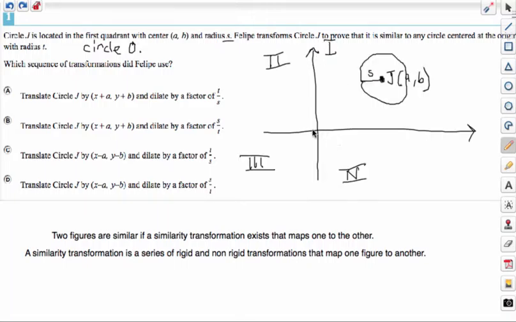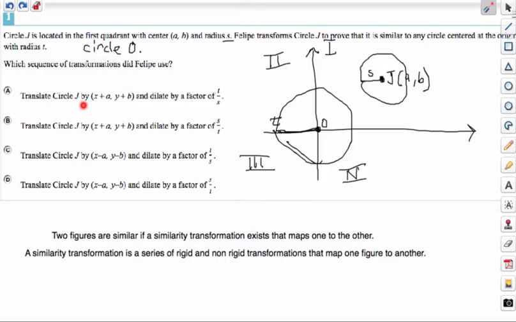The second circle, circle O, has center at the origin, and its radius is T. If we can use a series of rigid and non-rigid transformations to put circle J on top of circle O and then dilate circle J so that it's the exact same size as circle O, then we will have proven that these two circles are similar.